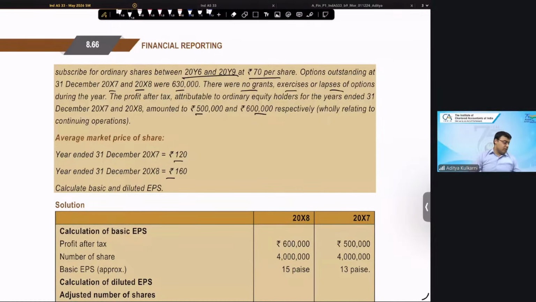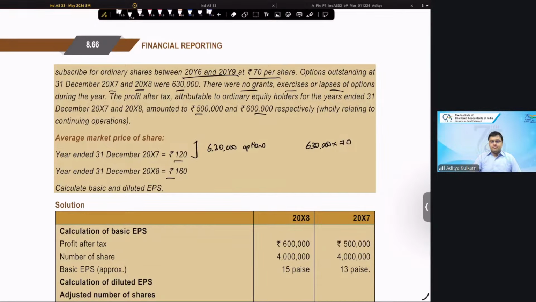Okay, so now let us work on this. See, how many options am I having? 6,30,000 options. Yes or no? Correct? 6,30,000 options, they will pay 70 rupees on conversion.